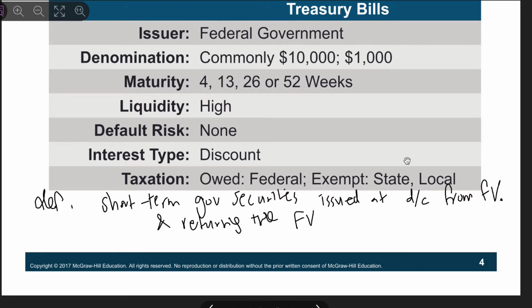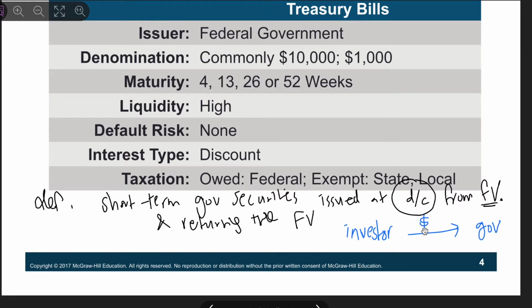So the definition is a short-term government security issued at a discount from the face value and returning the face value. So what does the investor earn? We have the investor, and we have the government.